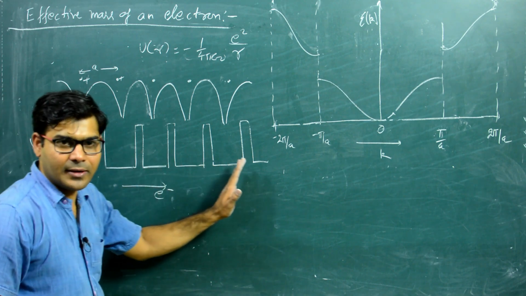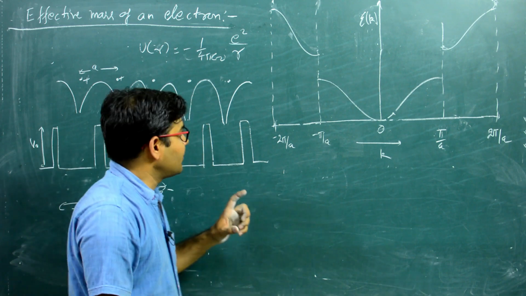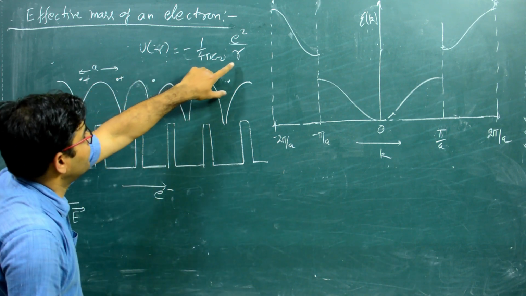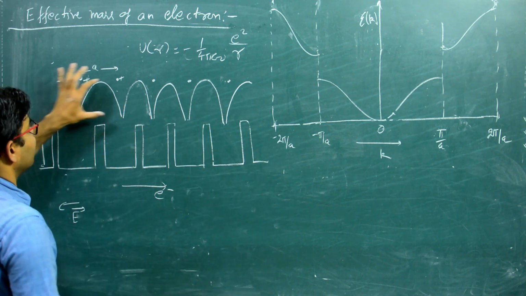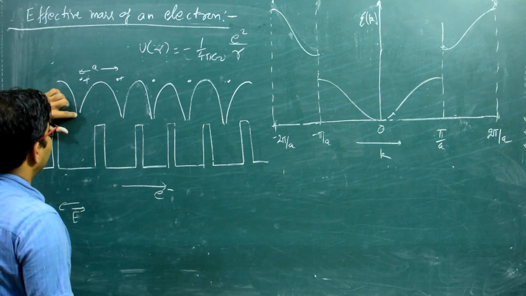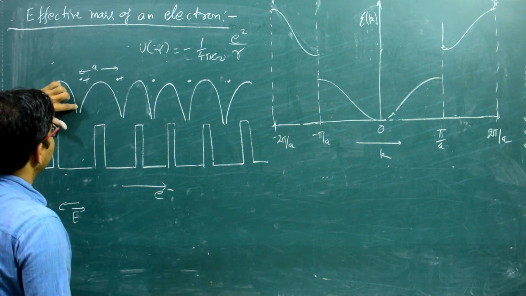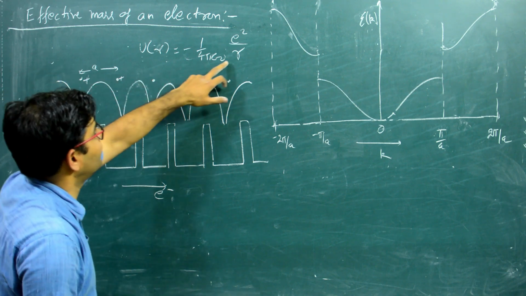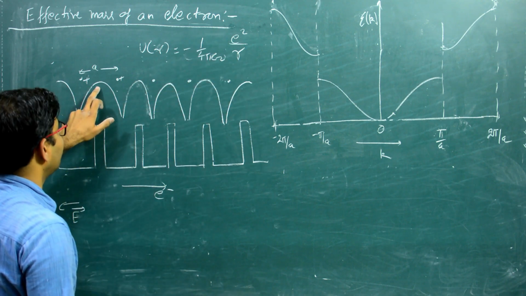This is the Kronig-Penney model for the same one-dimensional periodic lattice. This is the graph of the potential energy: if we go away from the location of these ions, it drops down as 1 over R. Similarly, this is true for this side.